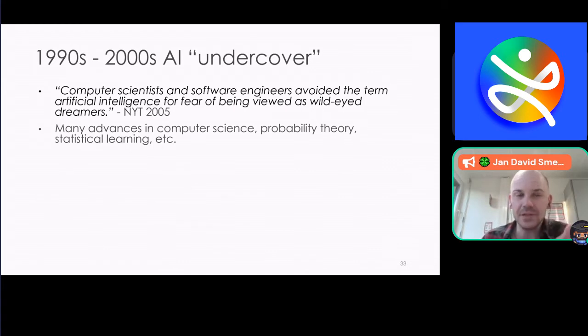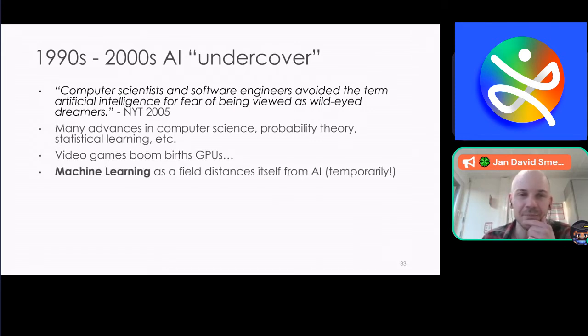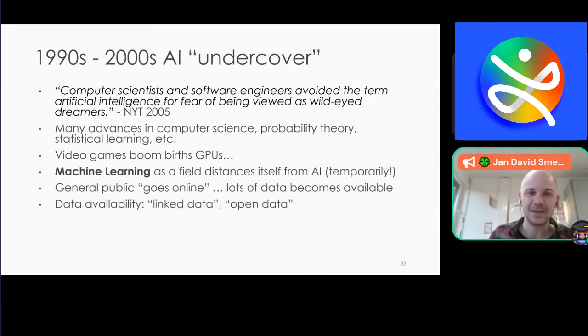Because in parallel, we did see many advances in computer science. It's interesting, there's a co-evolution with video games and the technologies, sort of graphics card evolution, for example, that they enabled. So machine learning was sort of etched out as an individual field that wasn't AI, but sort of, and it was legitimate to work on that.